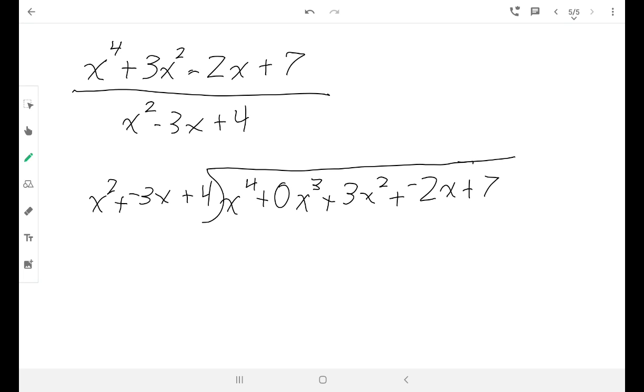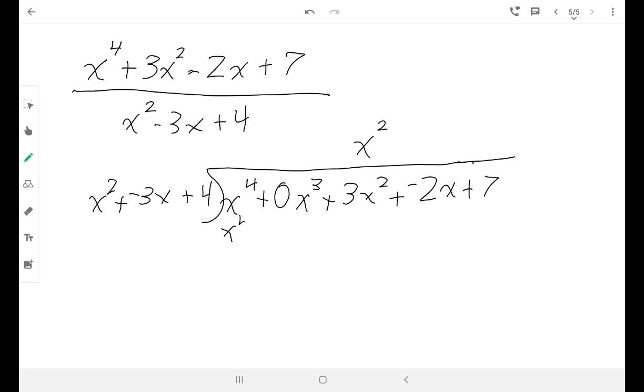So anyways, to make x to the 4th, what do I have to multiply by x to the 2nd? Well, I have to multiply by another x to the 2nd. So I'm going to put my x to the 2nd above my x to the 2nd term, and then I have to do the distribution on all of this.